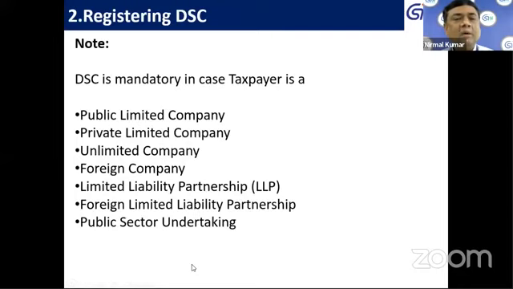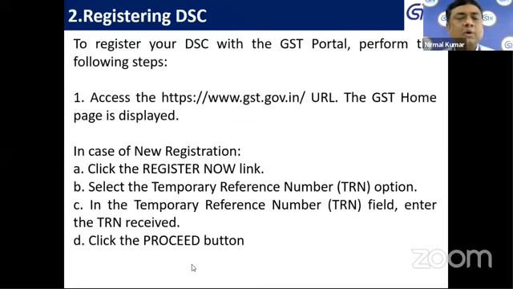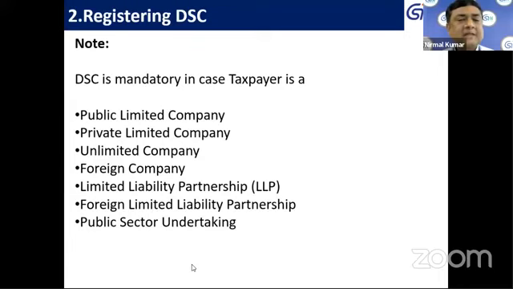Now, once you have started the emsigner, you have to register the digital signature certificate on the GST portal. As per the registration and the return rules, the following categories of taxpayers have been mandated to sign the registration or the return compliance forms using the digital signature certificate.